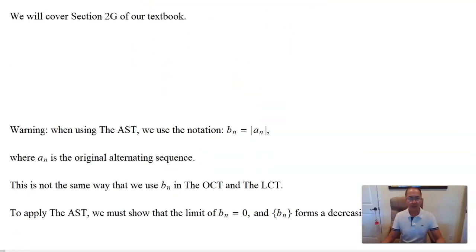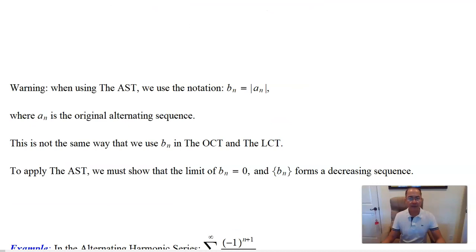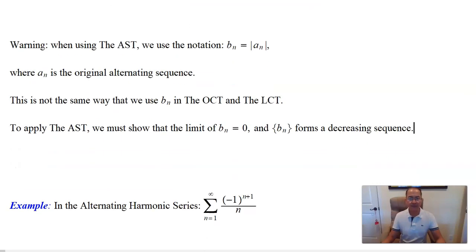Now, let me warn you that the notation that we're using for the AST is quite different from the way that we used A sub n and B sub n in the OCT and the LCT. Not so much A sub n. A sub n is the original alternating sequence in the AST.